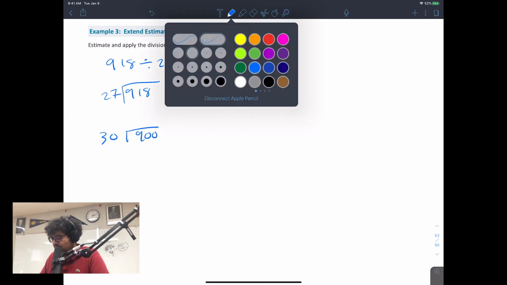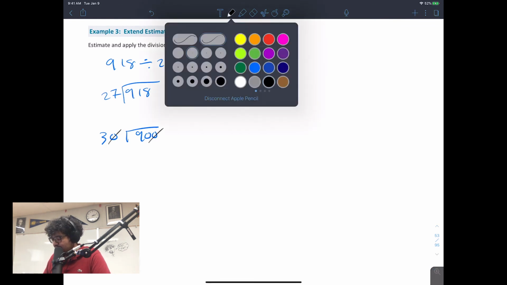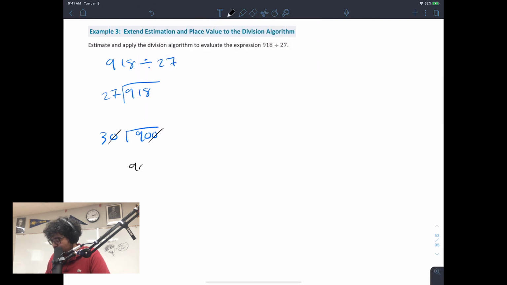So then once again, I'm going to remove one of the zeros. And now my new division problem is 90 divided by 3. So how many times can I fit this 3 into the 9? The answer is 3. 3 times 3 is 9. So you take away 9, gives you 0.